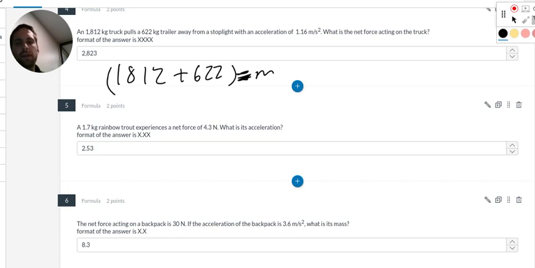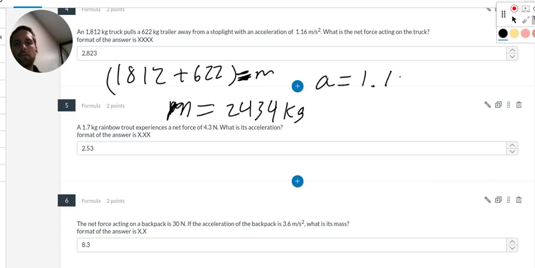So now we know the mass, which is 1812 plus 622. We can find the acceleration as well. Then we just use F equals ma.